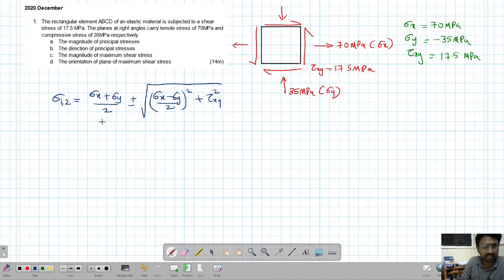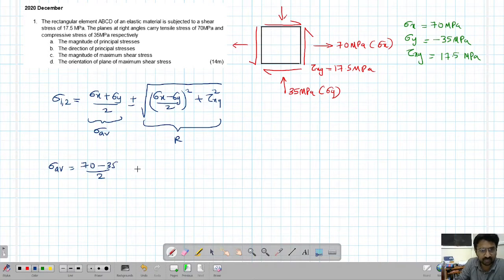The first portion is known as sigma average, and the second is the radius of the Mohr's circle. I will calculate these two quantities separately, then add and subtract them to get the principal stresses. Sigma average is sigma x plus sigma y by 2. Sigma x is 70, sigma y is minus 35, divided by 2, so it is 35 by 2, equal to 17.5 MPa.